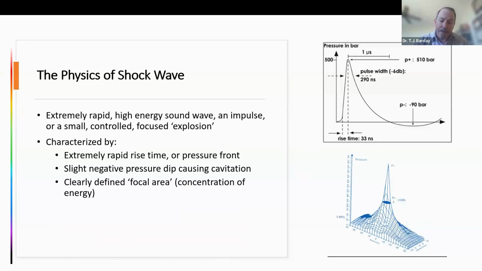That pressure rise occurs over a period of just a few nanoseconds, and then that's followed by a negative pressure dip that induces some tissue cavitation in the tissues that we treat.